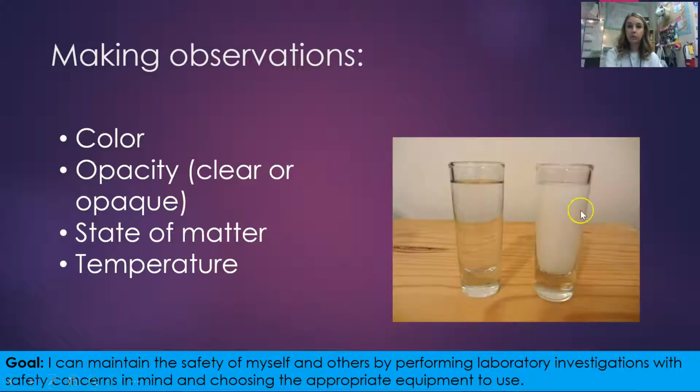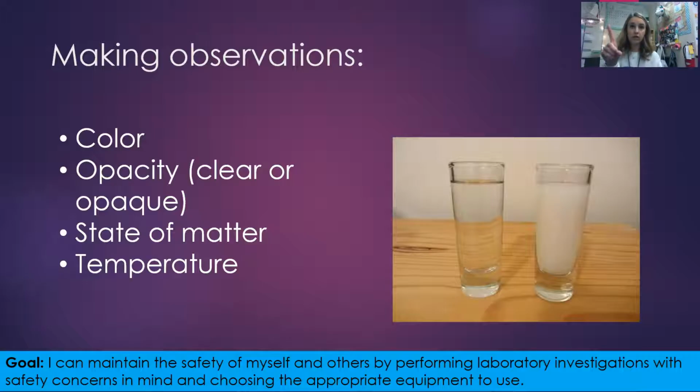That looks more like this. So this one is clear and colorless. This is opaque white. Opaque means you cannot see through it. Water would be clear and colorless. Milk would be opaque and white. So it's more of a milky type of color than a clear color.